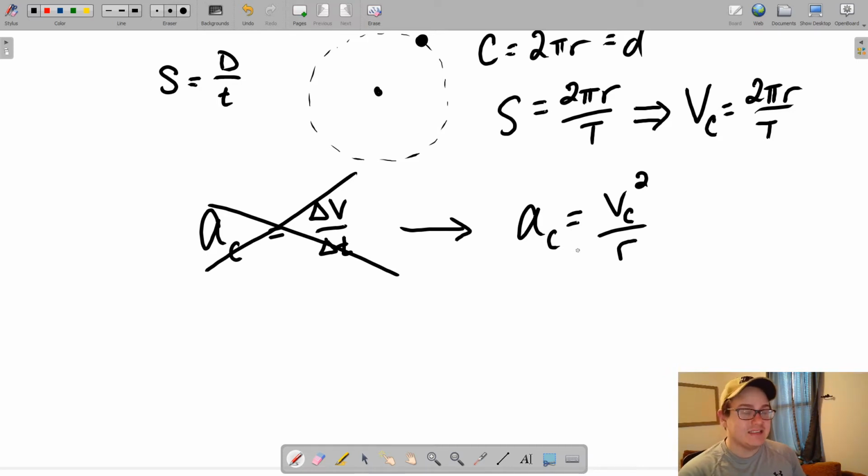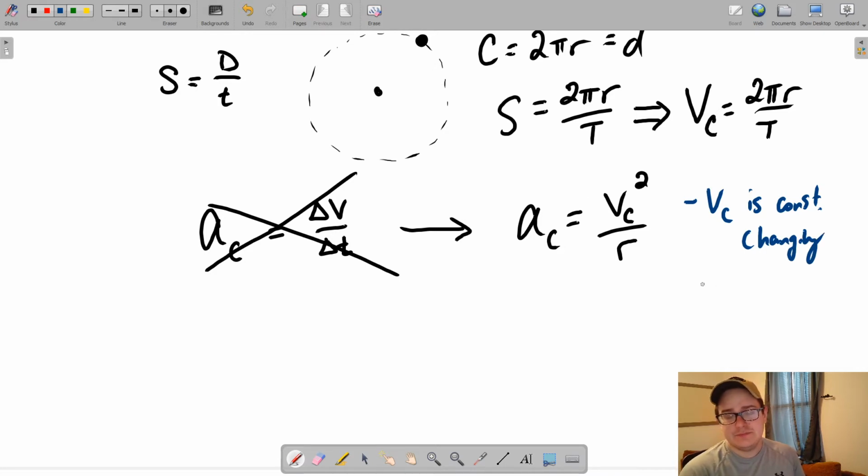From there, since we look at centripetal acceleration, we're able to say that because your object is constantly moving, it's constantly turning. So centripetal velocity is constantly changing. And that's just because it's changing direction, not necessarily changing in its speed or its magnitude.